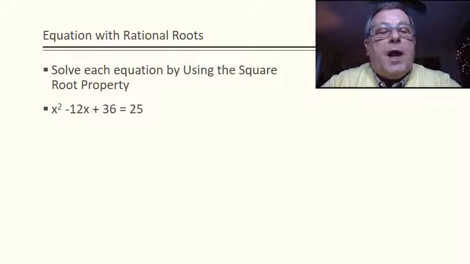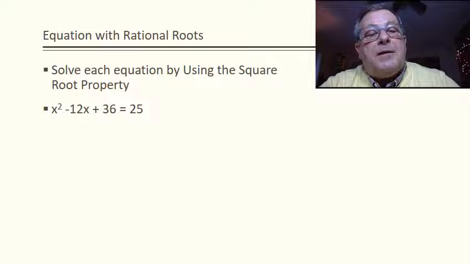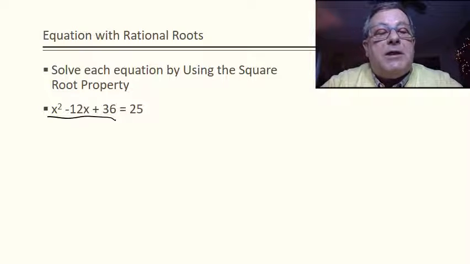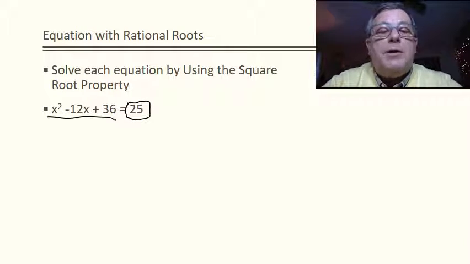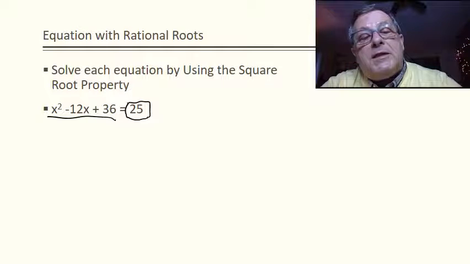Now, if we recognize that the quadratic expression itself is a perfect square, and what's over here on the other side of the equality is also a perfect square, we can use the square root property to solve this. And here I can already see that this 25 is equal to 5 squared.